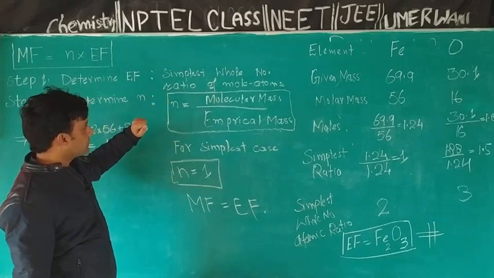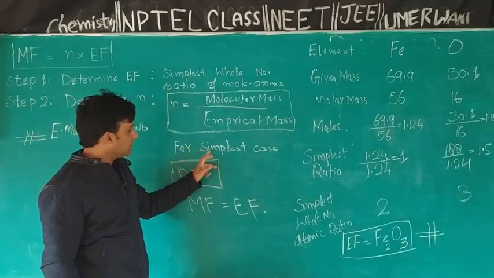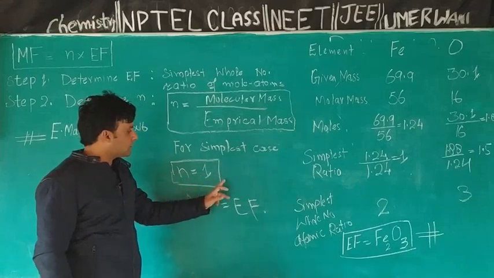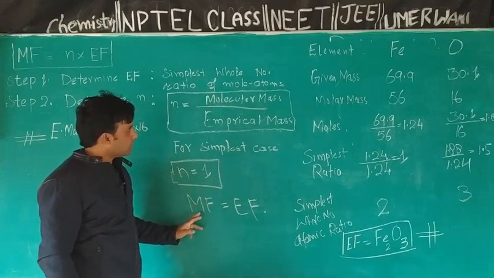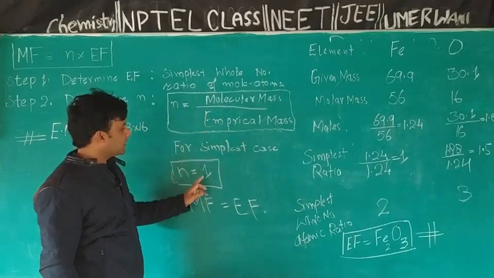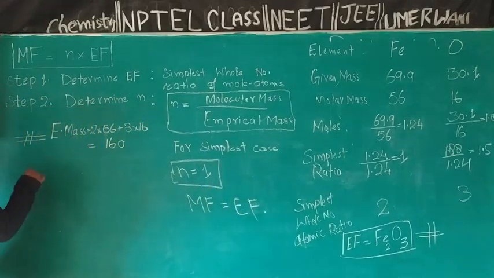However, I have an idea that if I consider that this compound represents the simplest case, then for it n is equal to 1, and then its molecular mass will be equal to its empirical mass, and the molecular formula will also be equal to the empirical formula.